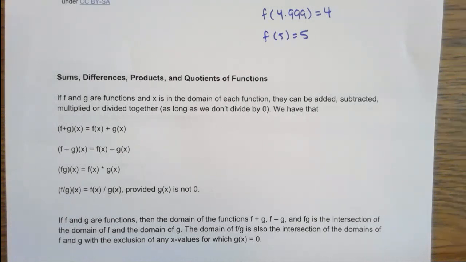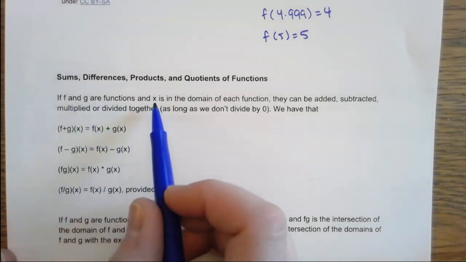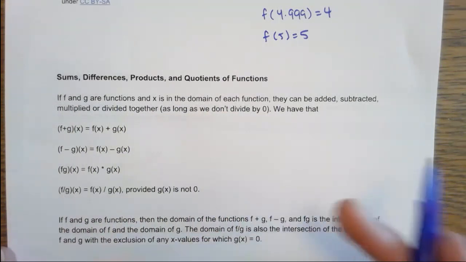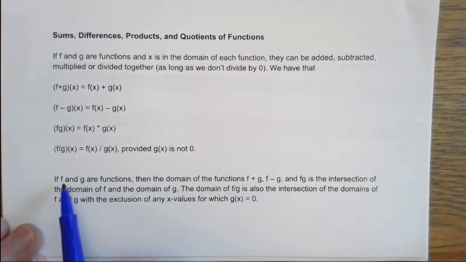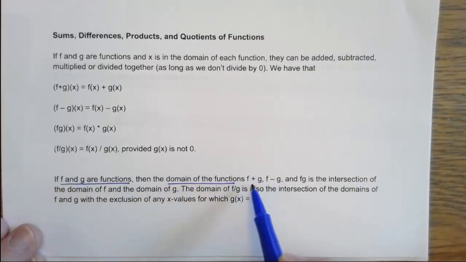What happens with a domain is, let's say f and g are functions and x is in the domain of each function, then they can be added, multiplied, or divided together, and the domain is going to continue. So you look at the original functions, find their domain, and then put them together for f plus g, f minus g, and f times g.